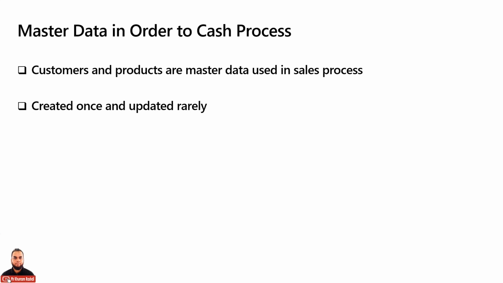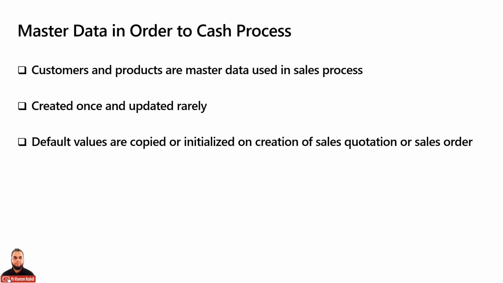Default values are copied or initialized on creation of a sales quotation or sales order. Whenever you select a customer, the default data, such as the delivery address and the currency, is initialized from the customer's master data to the sales quotation or sales order. Similarly for the products.